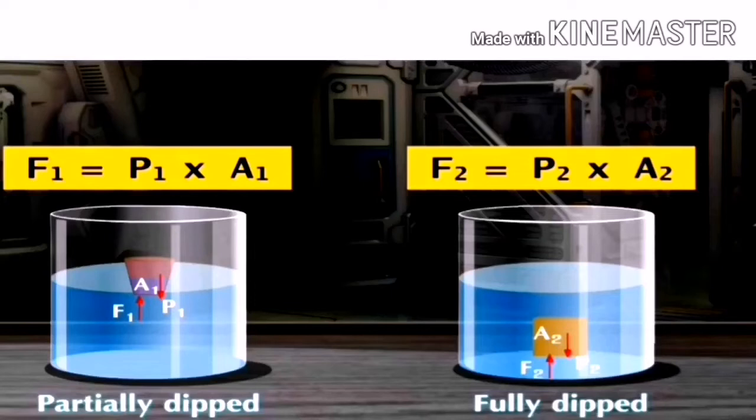Similarly, if you observe the object in the second container, the area is fully dipped into the water and therefore the force on that object is more. Students, I hope you are clear on the first factor of buoyant force, that is volume of the object.